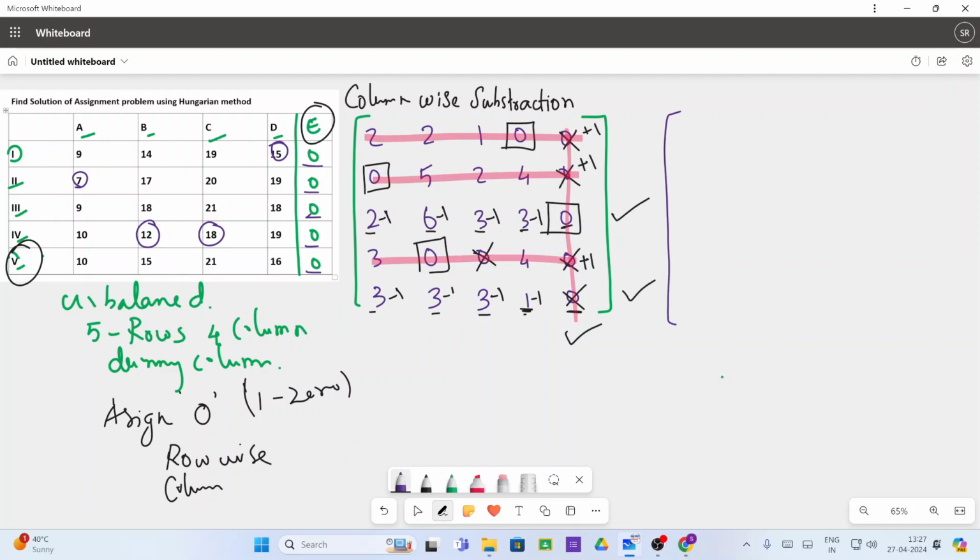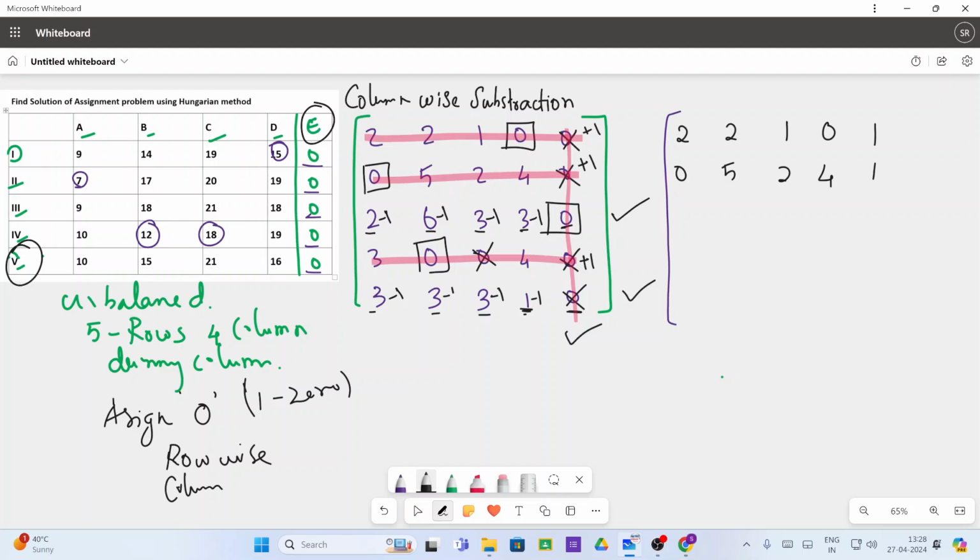In the next table, the values that stay the same are 2, 2, 1, 0, and this is the intersection point, so add 1. The next row is going to be 0, 5, 2, 4, and this is the intersection, so we add 1.